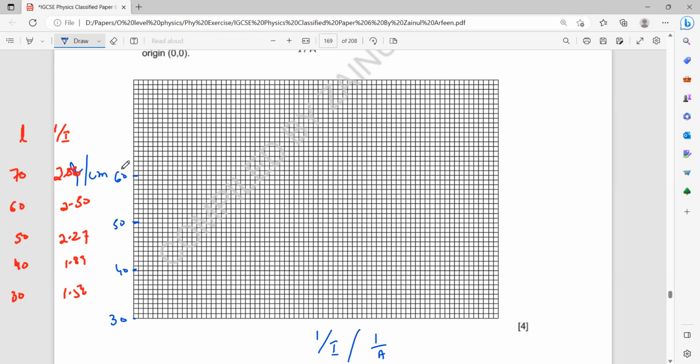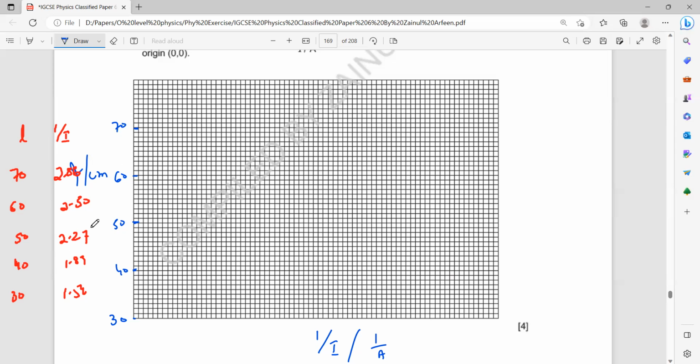Then we will have 60. So whenever you select the axis, you should at least cover 70% or more than that. So this will be 70 and then 80 is also there.